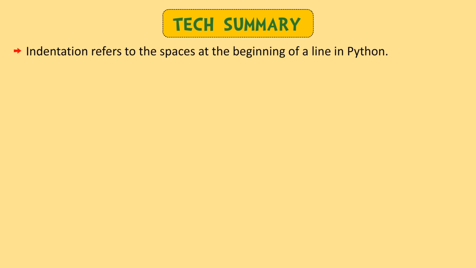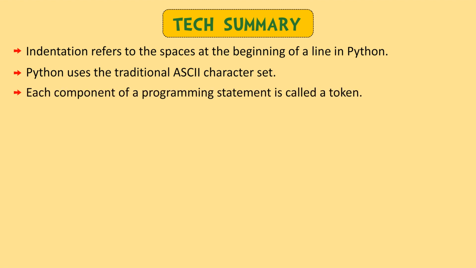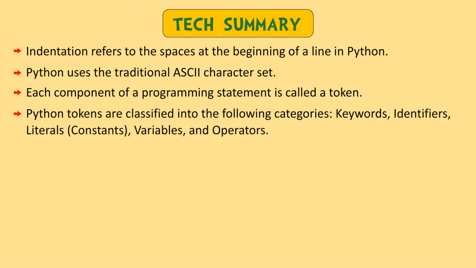Text summary. Indentation refers to the spaces at the beginning of a line in Python. Python uses the traditional ASCII character set. Each component of a programming statement is called a token. Python tokens are classified into the following categories: keywords, identifiers, literals, constants, variables, and operators.